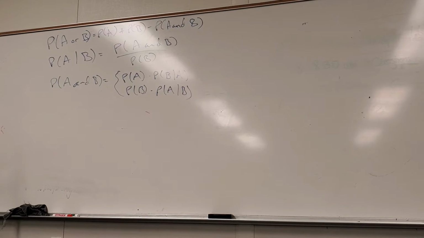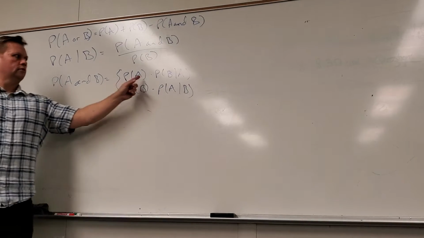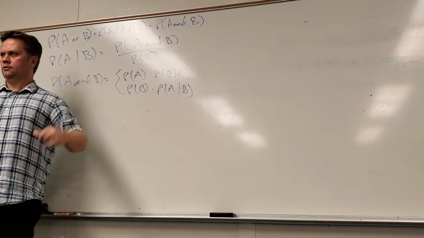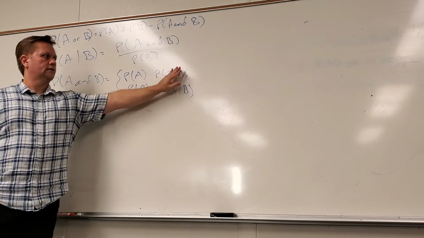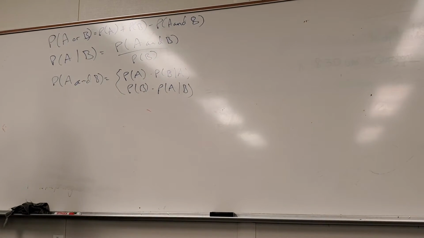So remember, this is like if I draw a card and I throw it away and I go to draw another card, the next thing is dependent on what I just drew first, right? But if I put it back in, then that's the same probability as it would have been, because nothing changes then. All right.